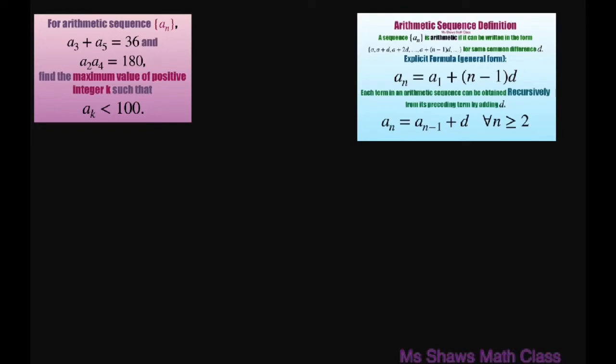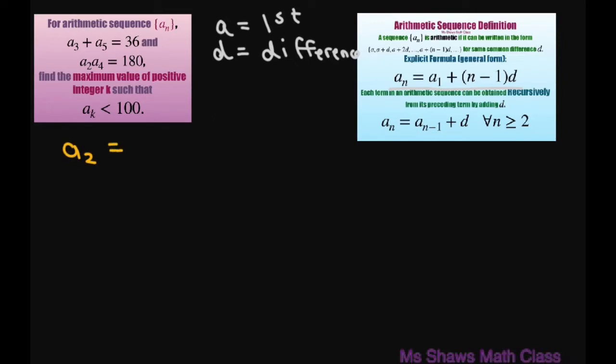Alright, so we're going to use our definition of arithmetic sequence here and let a equal your first term and d equal your common difference. Now let's fill in everything we need here. We need a sub 2.